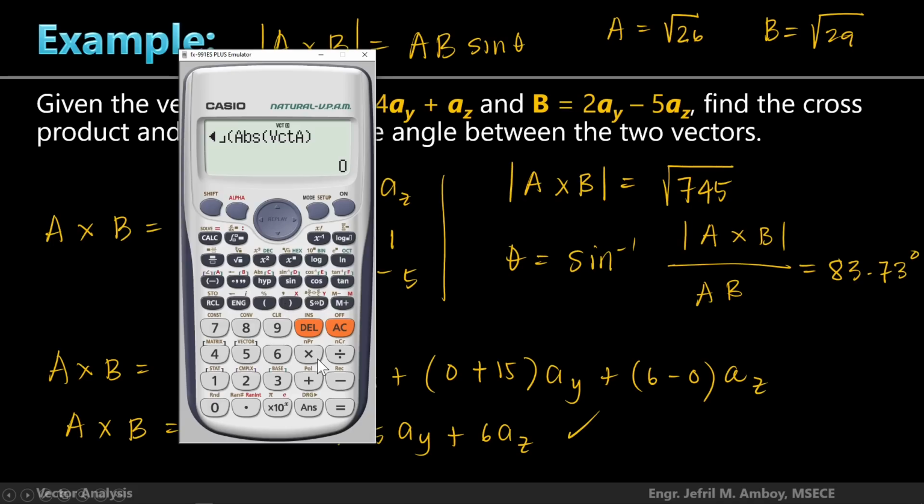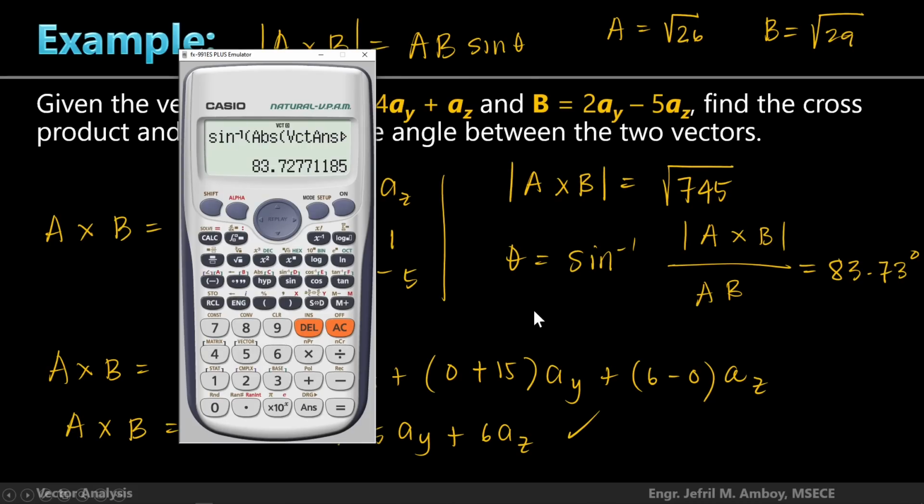And then times the absolute value again, shift, and then hyp for the absolute value of vector B. Shift vector, vector B, and then another close parenthesis. So we press the equal sign, we will get 83.73. Just the same as our previous answer using the conventional calculation.